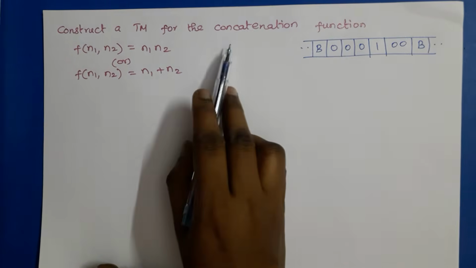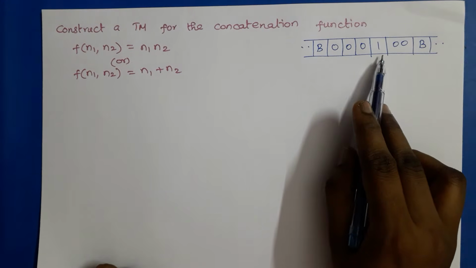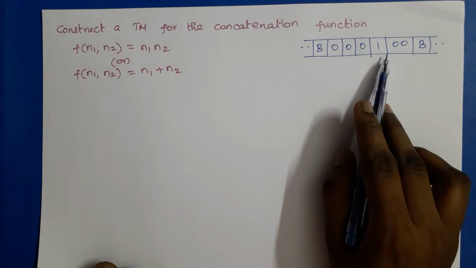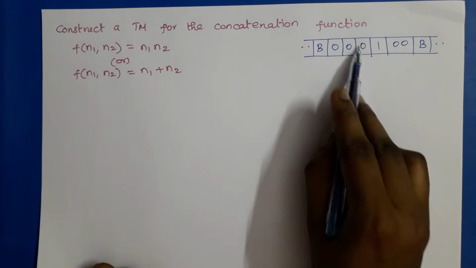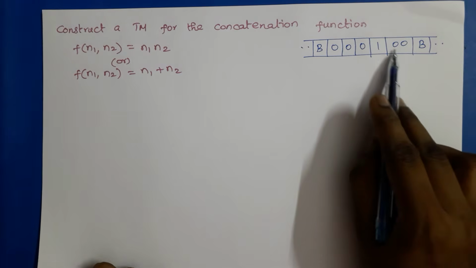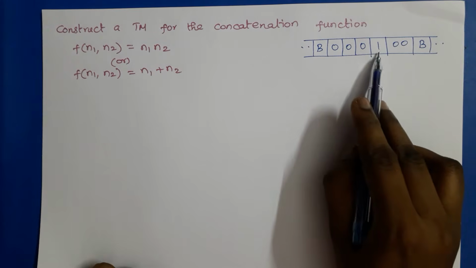Here the input alphabet is not given, so we can take zeros and ones, or a's and b's, any input alphabet we can choose. I have taken zeros and ones. So here n1 is 3, n2 is 2, and the separator symbol is 1.